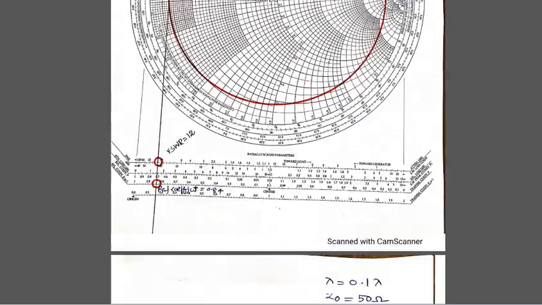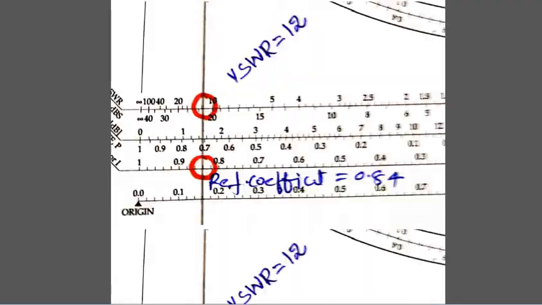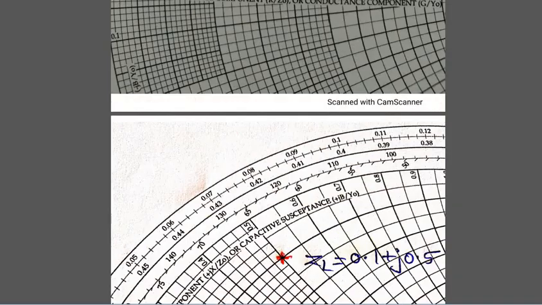See this. What is the impedance given? The impedance in normalized form is ZL by Z0 equal to 0.1 plus j 0.5. On the real axis, you already came across this, the x-axis is going to be convenient for us.